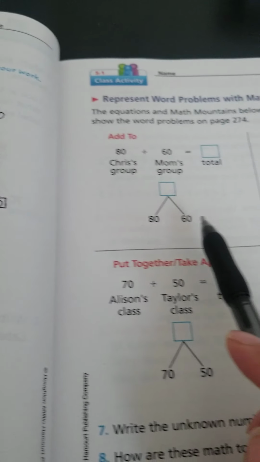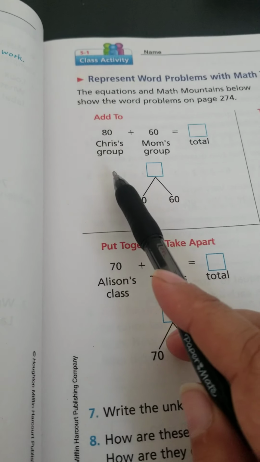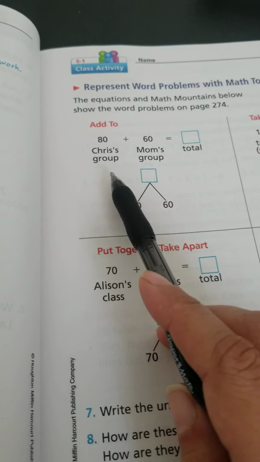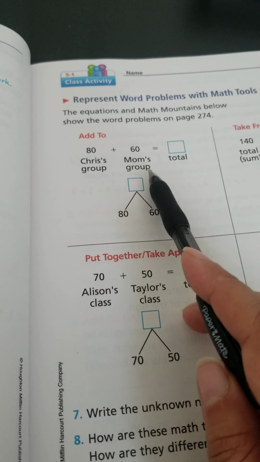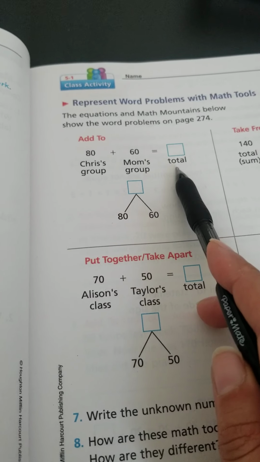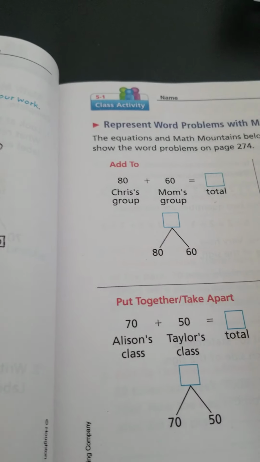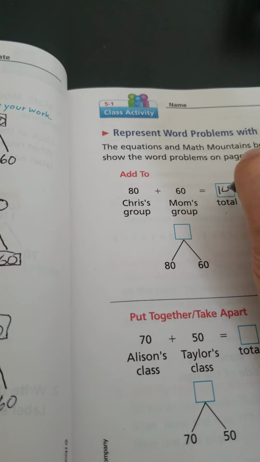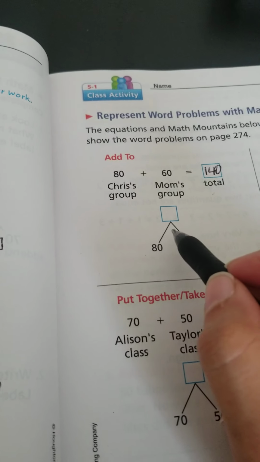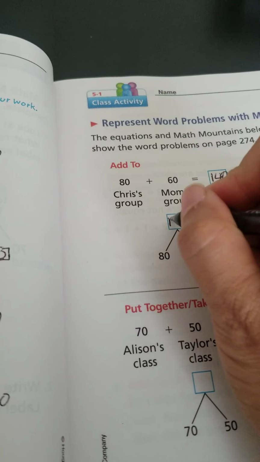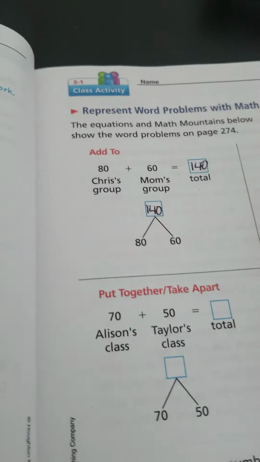Same problem is shown to us right here. Chris's group had 80 apples. His mother's group had 60. We want to know the total. If we look over here, our total was 140. Okay, and that goes right up here on our math mountain as the total, 140.